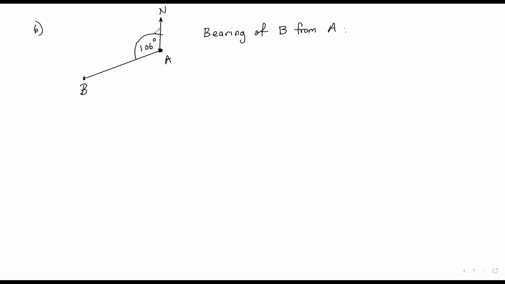Is it going to be 106? Okay, so 360 minus 106, because it's this angle on the outside here. Right? So this is your bearing of B from A.